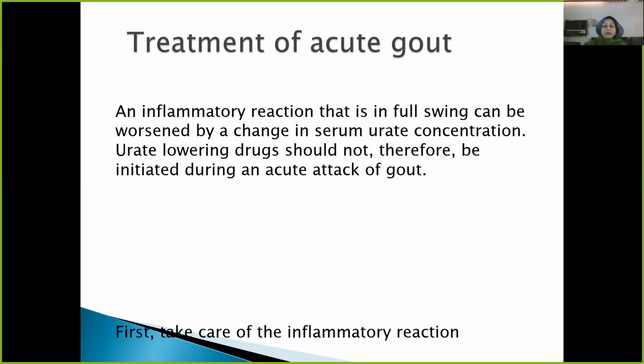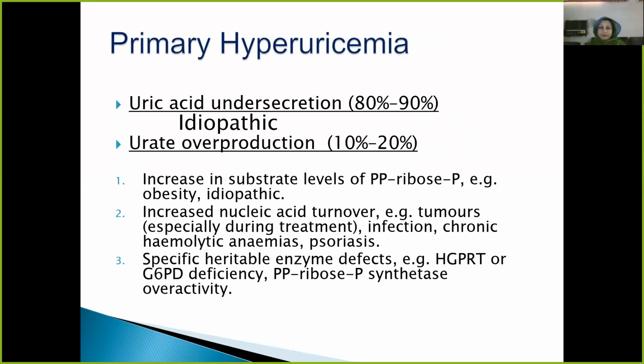Now we come to the primary hyperuricemia and its causes. Uric acid undersecretion is seen in about 80 to 90% of people, in which no other cause for their high uric acid can be found. Then urate overproduction is seen in 10 to 20% of people, which may be because of increase in substrate levels of PRPP, for example, because of obesity, or it may be idiopathic.